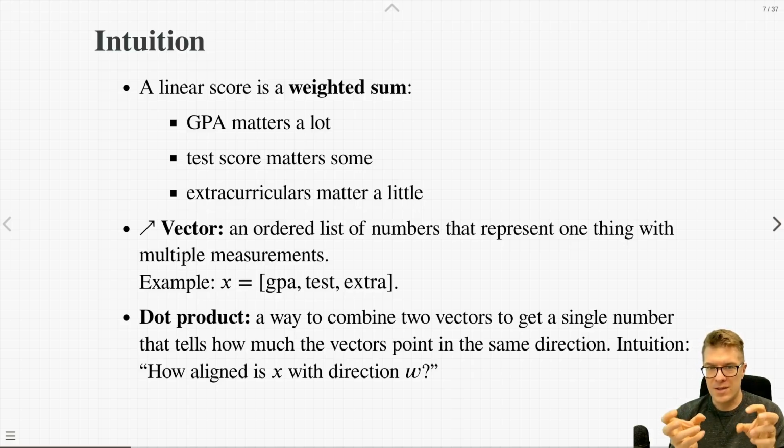Now we're saying, well, we actually care about these different variables to different extents. A committee might have met and decided that GPA actually is what we care about the most, and test scores matter to some extent, but some people don't test well, so it doesn't matter as much as GPA. And extracurriculars, a lot of them are just kind of overinflated.